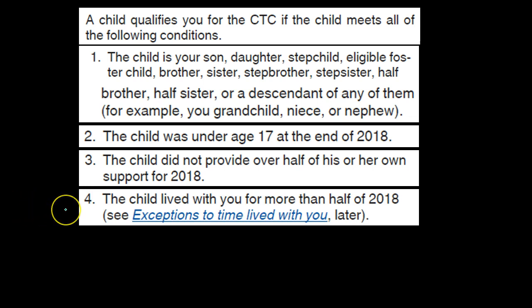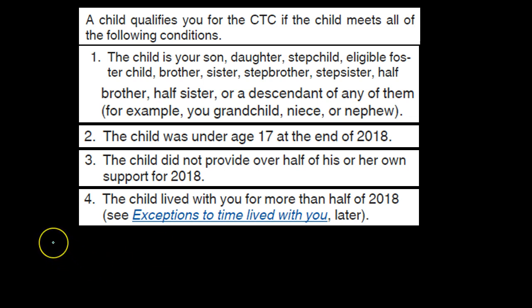But in any case, number 4, back to the text. The child lived with you for more than half the year 2018. So in other words, 2018 being the tax year we're talking about, they lived with you for more than half of the year. Now, there could be some exceptions to the time limit that the child lived with you.